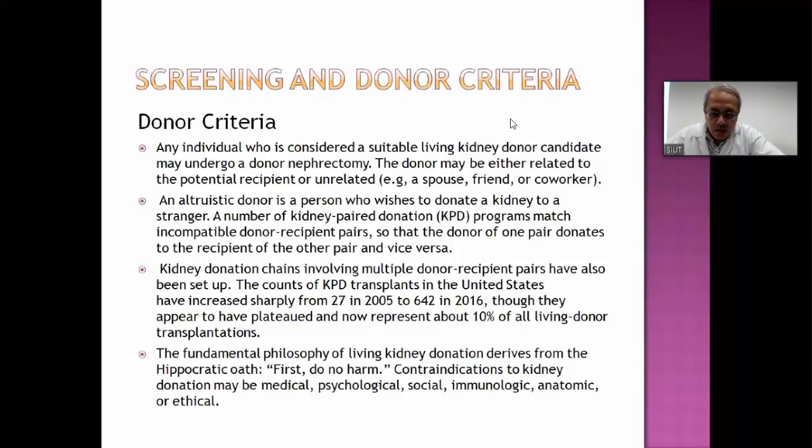So we have to be very much sensitive to all these problems before we go and dive into the topic of donor selection and donor nephrectomy and the whole process of donation. It's not as simple as it looks. It is very difficult, and it has to be done stepwise.